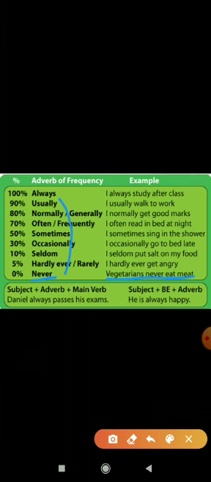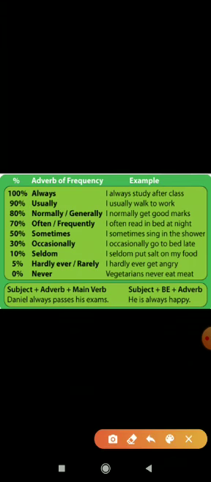Here we have one example. Daniel always passes his exams. We can see that Daniel is the subject. Always is an adverb. And the main verb is passes.